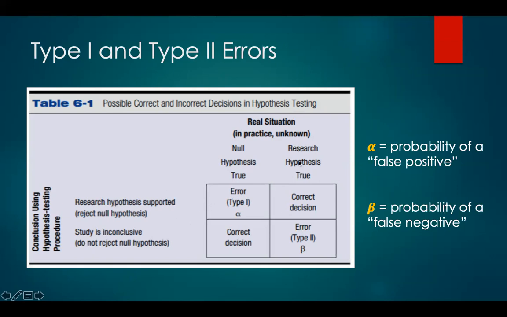Now, finally, if our research hypothesis is true at the population level, but our study is inconclusive, and we fail to reject that null hypothesis because our p-value is greater than 0.05, we've made a type 2 error, a false negative. And the probability of that false negative can be expressed as beta.